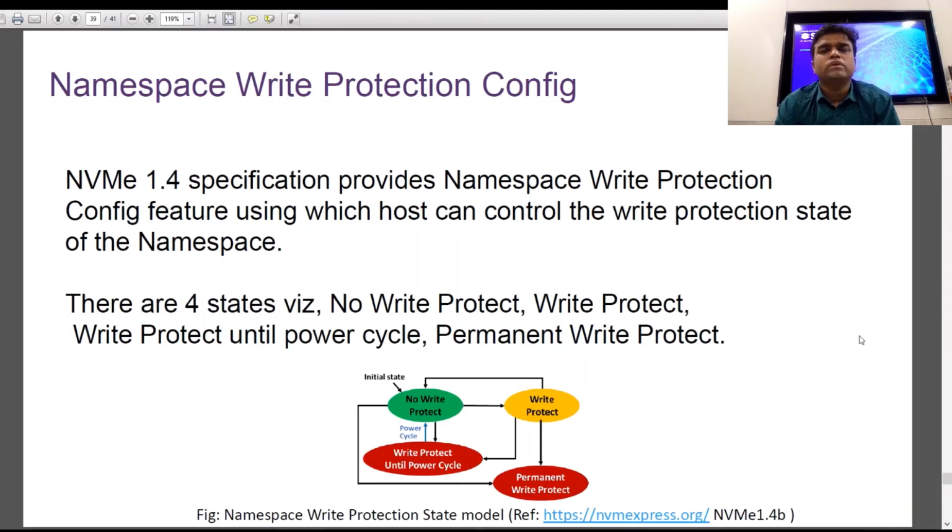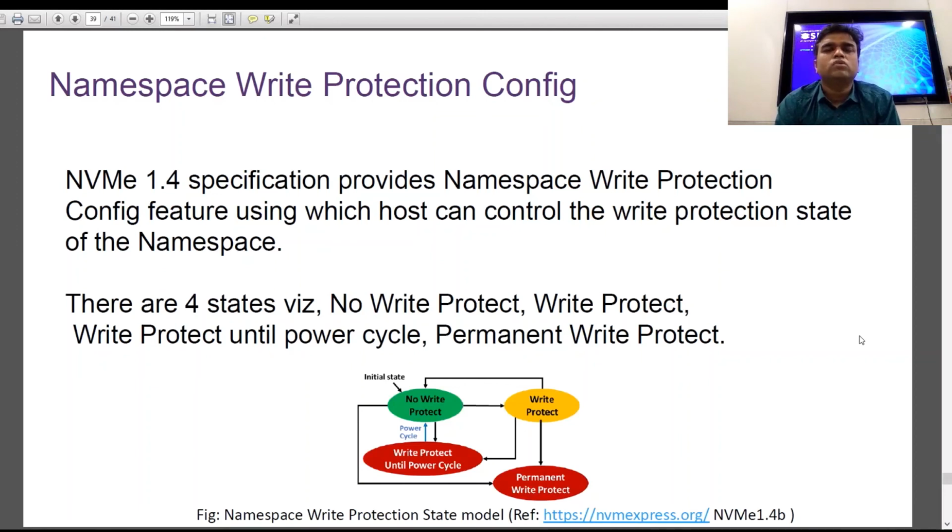The major use case of this is to avoid altering of highly critical data. Let's say I have highly critical data or OS data that should not be altered. The host can make use of this feature and protect that particular namespace so that accidental altering of that data is avoided.